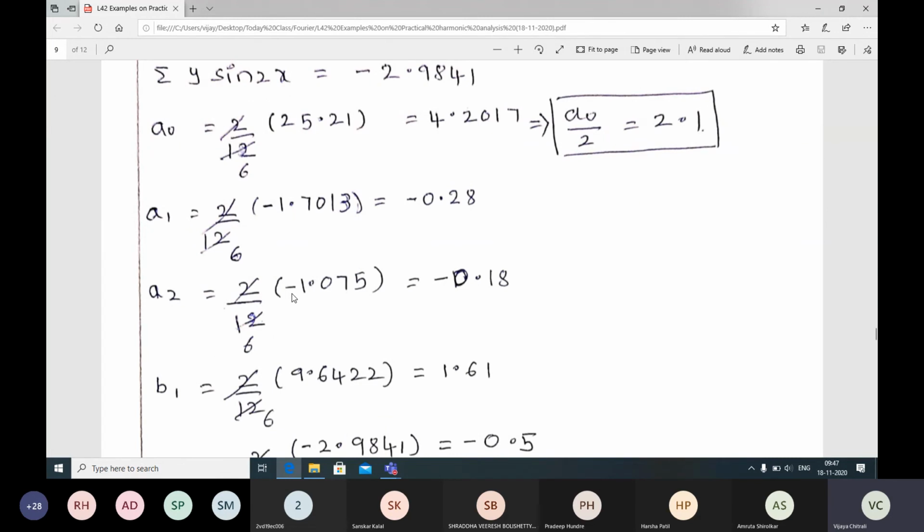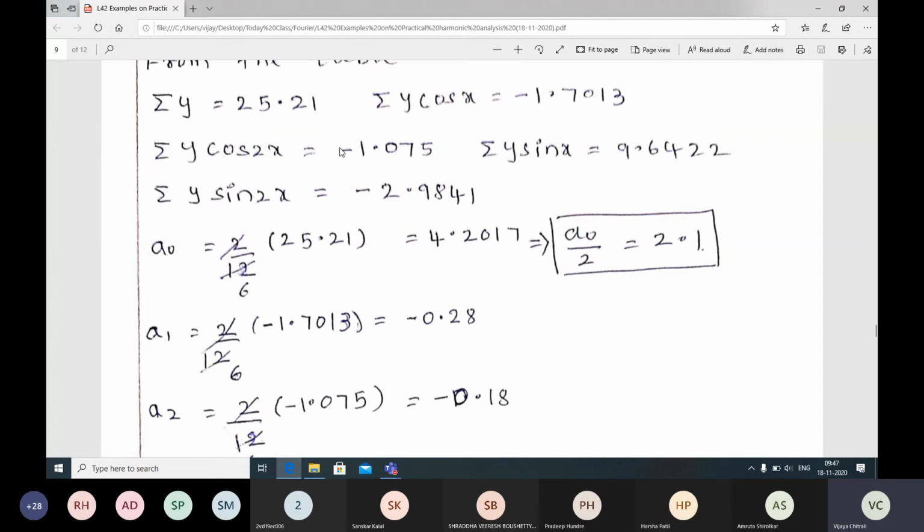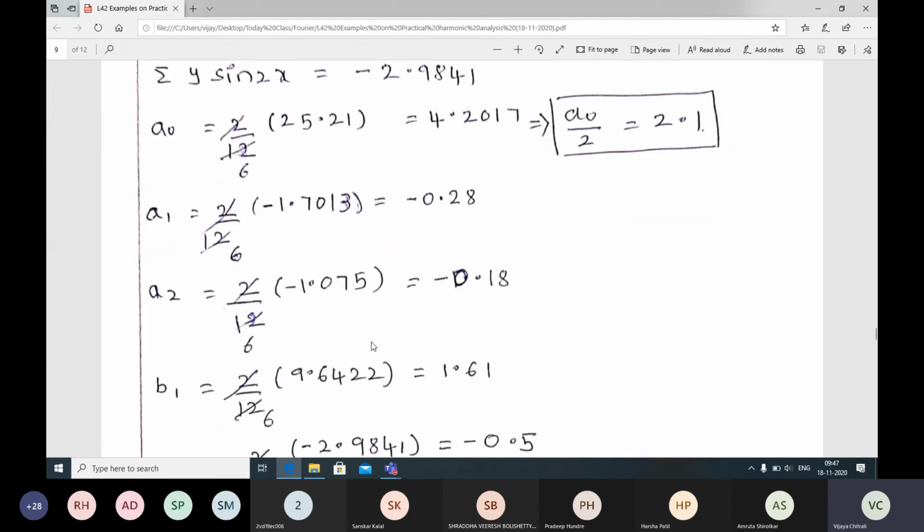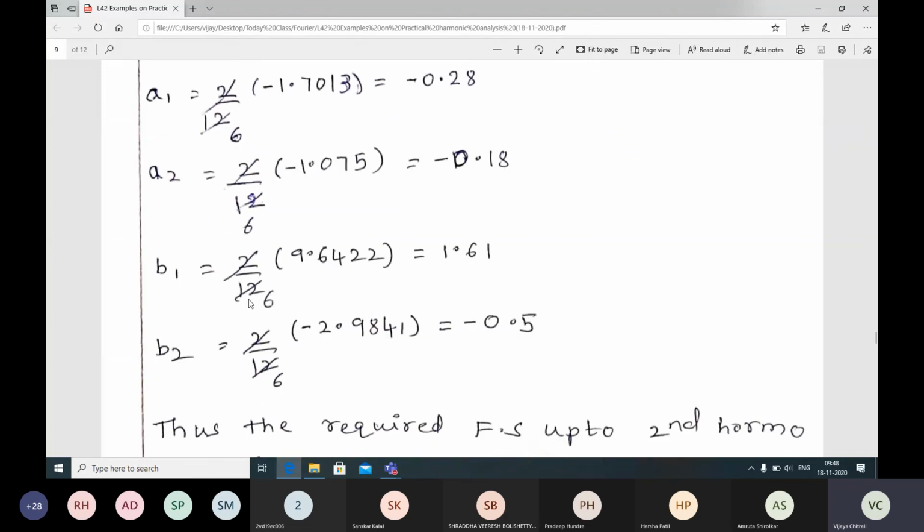Summation of y cos 2x is minus 1.075. 2 ones are 2, 6 are, minus 1.075 divided by 6 is minus 0.18.